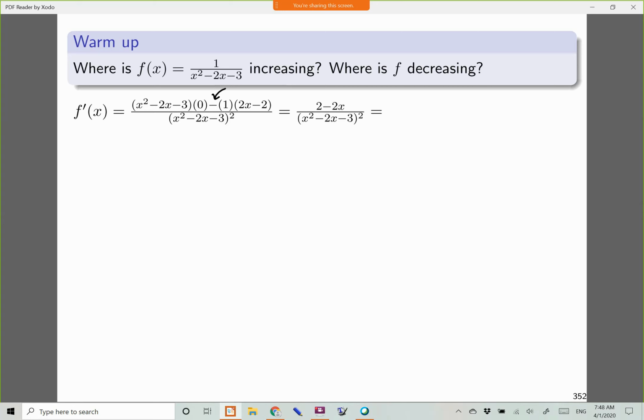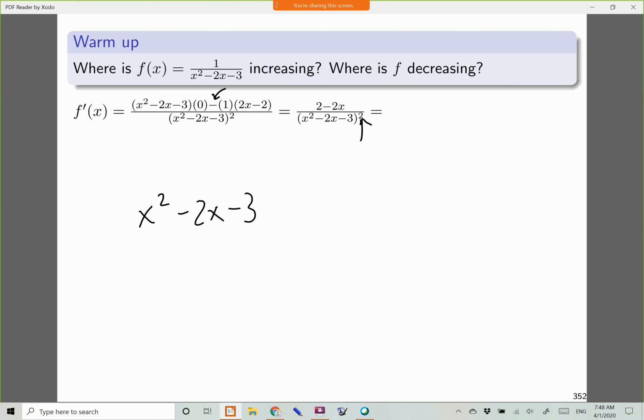Okay, and then the name of the game, as always for these, is to factor as much as possible. So notice that in the numerator, you've got a 2 and a 2x, so you can factor out a 2. The denominator, ignore for just a moment the square, but x squared minus 2x minus 3 will factor.